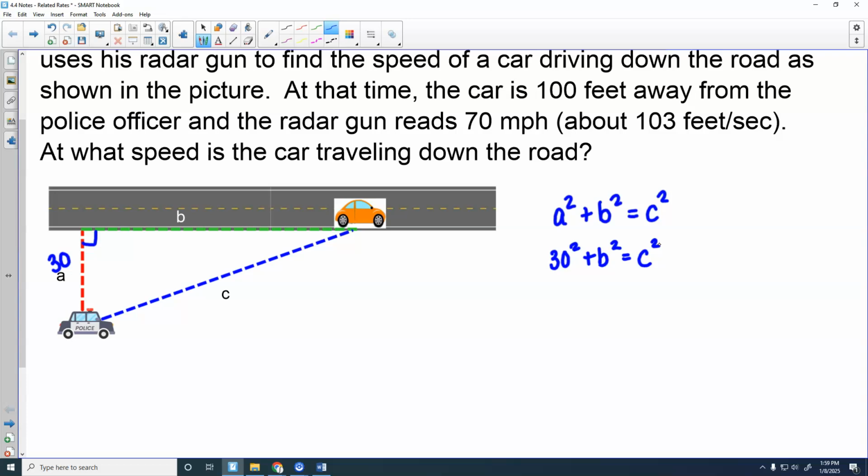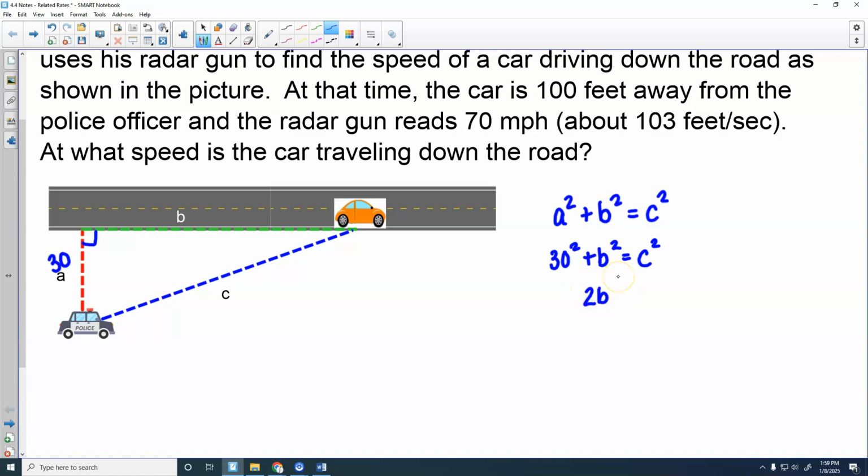So we will take the derivative, and everything is going to have that extra dB/dt or dC/dt or whatever with it. Now, the derivative of 30 squared is just 0 because it's a constant number. So that's going to go away. The derivative of b squared is 2b.